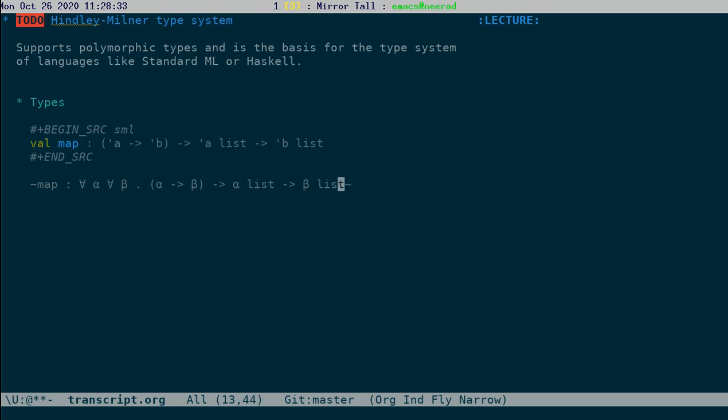So we have made the dependency on alpha and beta explicit by doing this quantification. Whenever we look at a standard ML polymorphic function, it is assumed that there is an outer layer of for all quantification.